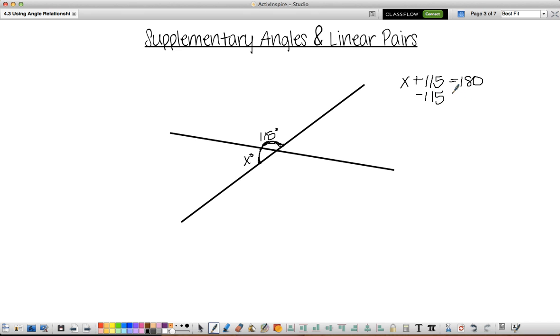So to find x, I'm going to subtract 115 from both sides. 10 minus 5 is 5. 7 minus 1 is 6. So I get x is equal to 65 degrees. So now I know that this angle here is 65 degrees. Right? So those are pretty simple for us.